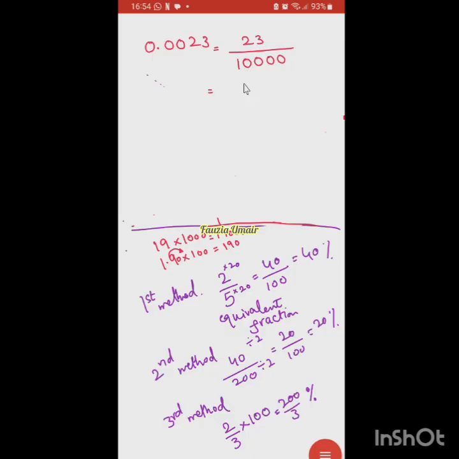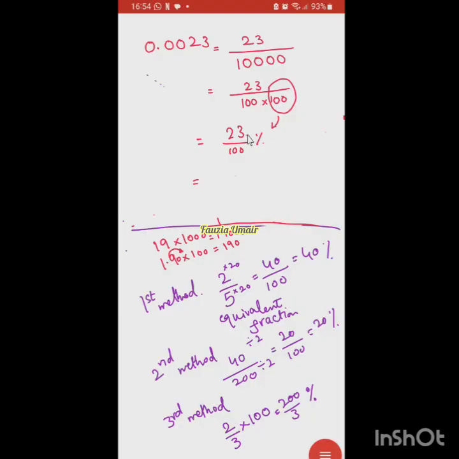Now we need only 100 in the denominator, just like in the previous question. This 100 is basically by 100, which will give us the percentage. So this is 23 by 100%, right? This gives us the percent sign. Because this is 23 by 100, we will not divide it, we will just move the decimal.